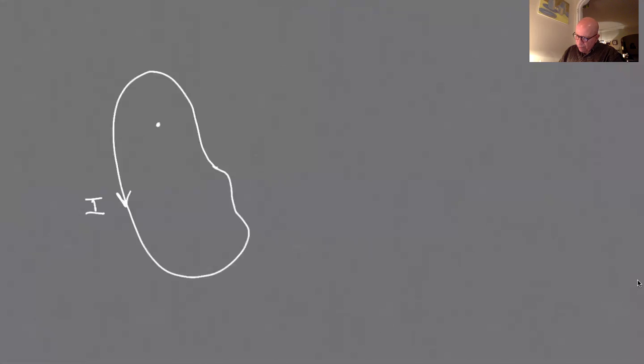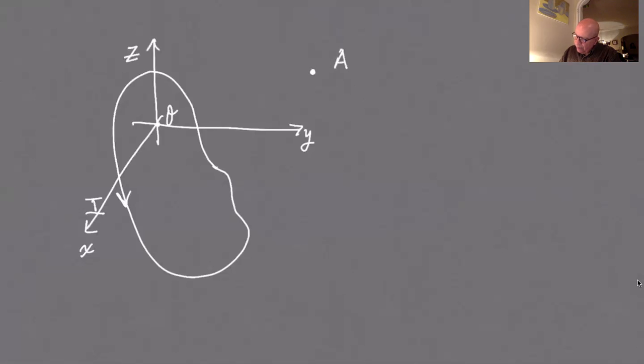So we're just going to have a current distribution. It has a steady current. Need a coordinate system. That's the origin, X, Y, and Z. And really what we want to know here is what the vector potential is out here at some point P. And you know our nomenclature, right?